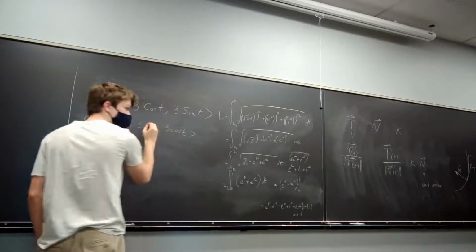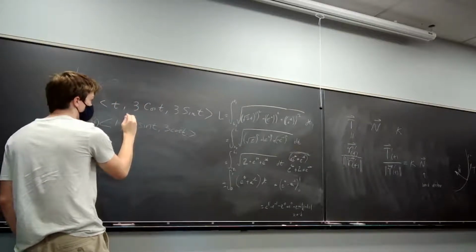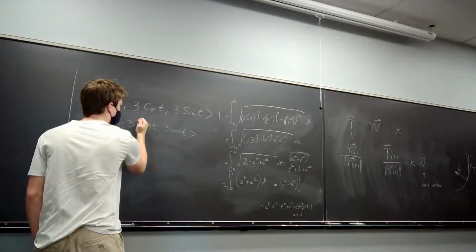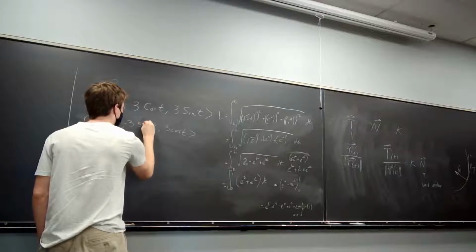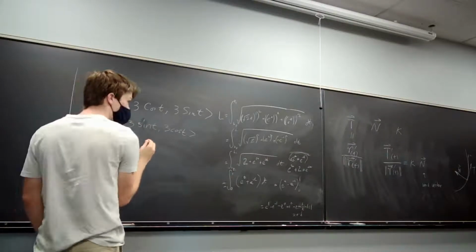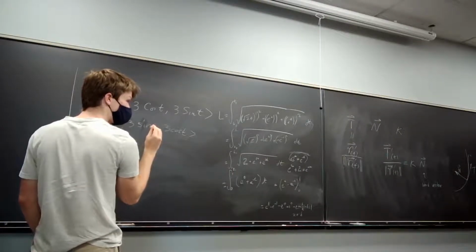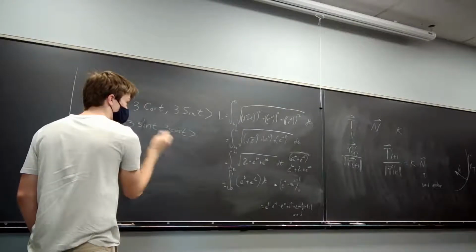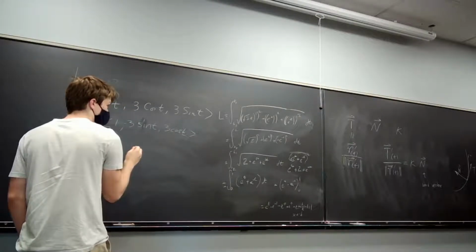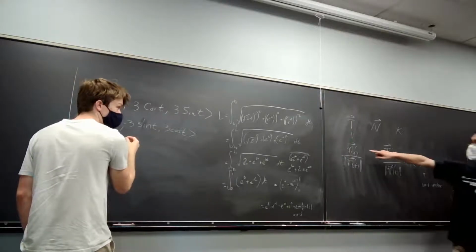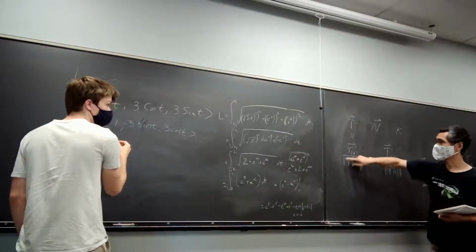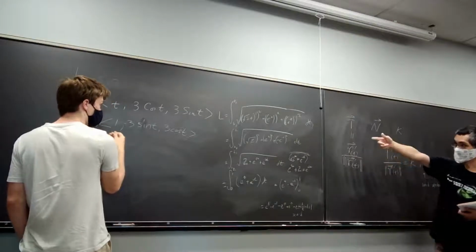Derivative of cosine is not sine. It's negative sine. Then you divide by its own magnitude. This guy divided by its magnitude, so you need to find out its magnitude. Then divide by that.